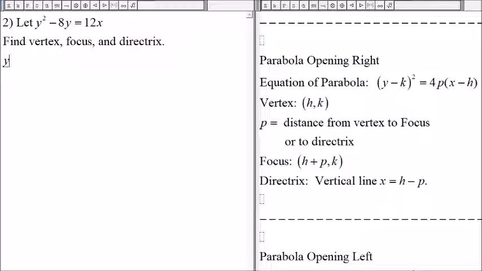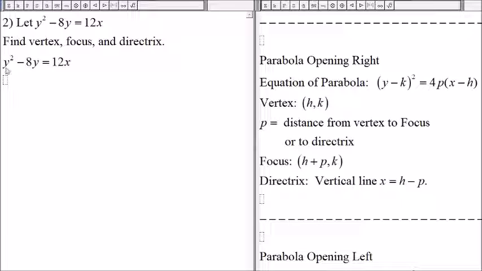So we have y squared minus 8y equal to 12x. And so first, to get it into this formula here, what we need to do is what's called completing the square. So we want to do completing the square for this part.